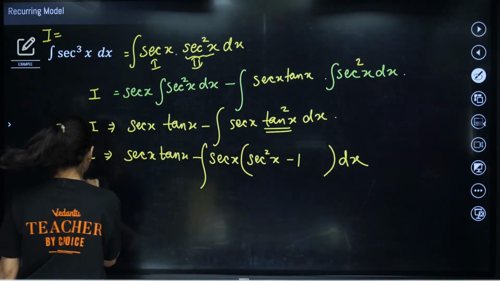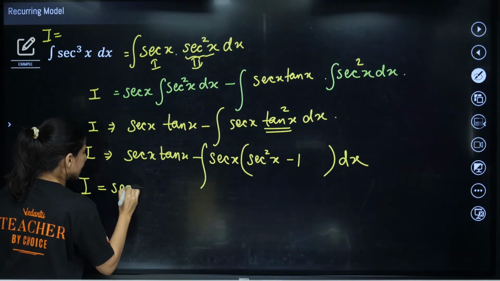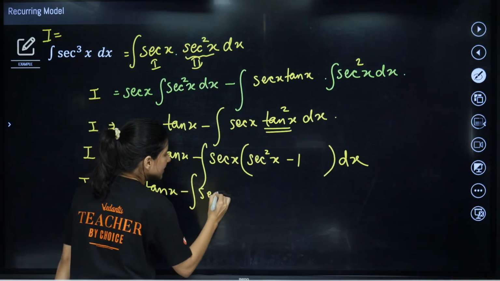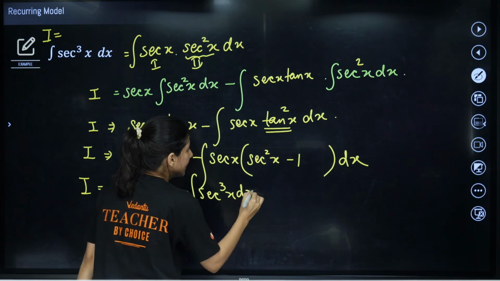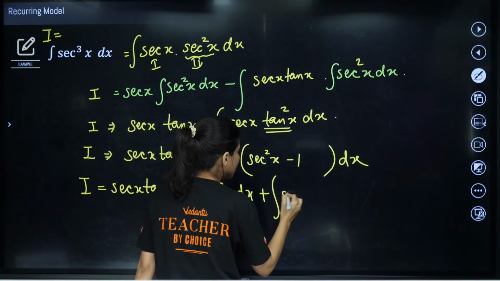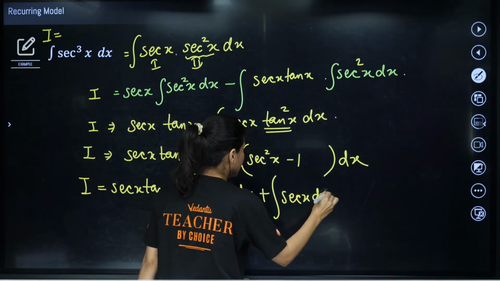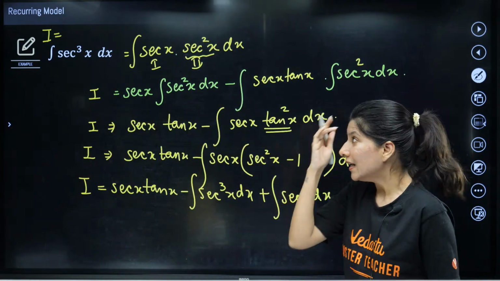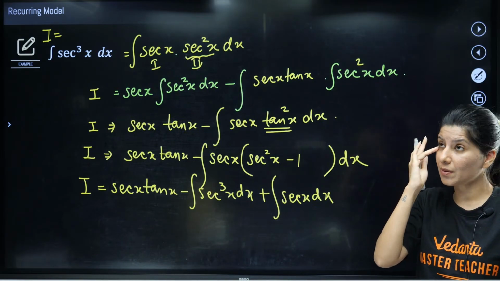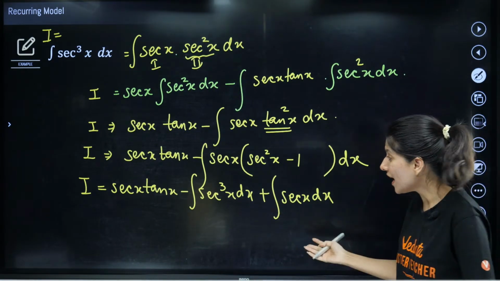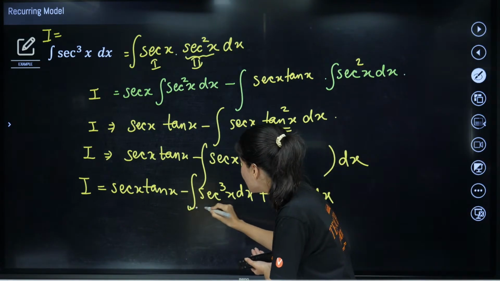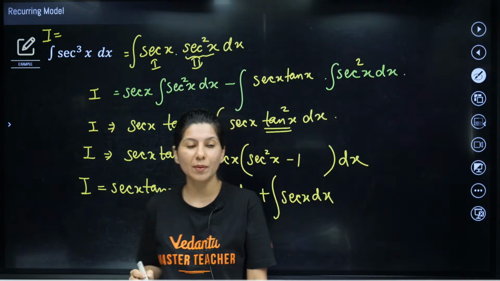And now you multiply, I will be equals to sec x tan x minus integral of sec cube x dx plus integral of sec x dx. Can you see, again we started solving integral of sec cube x, but what has just happened? We have actually gotten the same thing over here. So this is also an I.